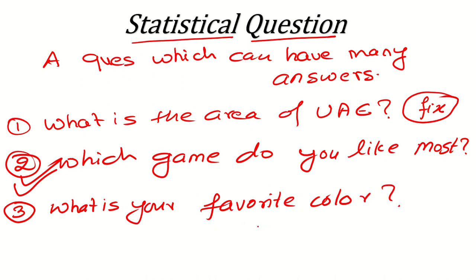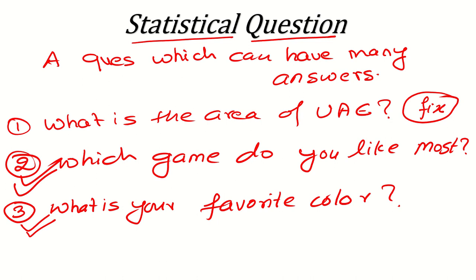If you get different answers, then it is a statistical question. I am sure this is very easy for you. So a statistical question is a question which can have more than one answer, and if it can have only one answer, then it is not a statistical question.